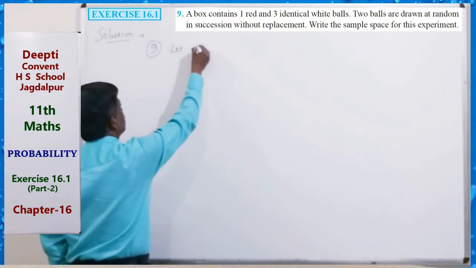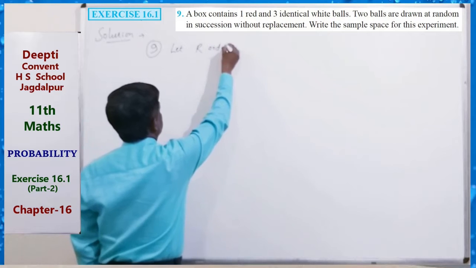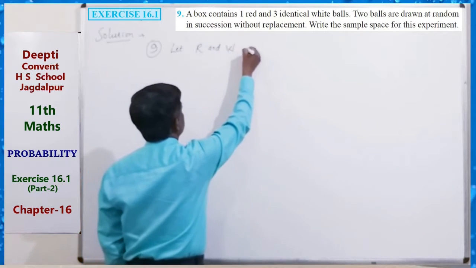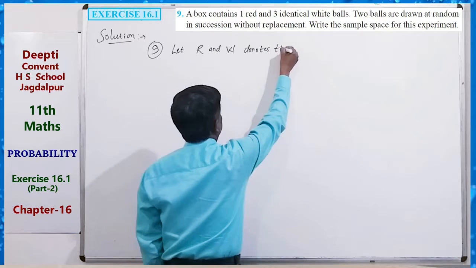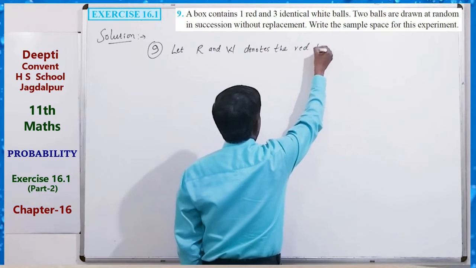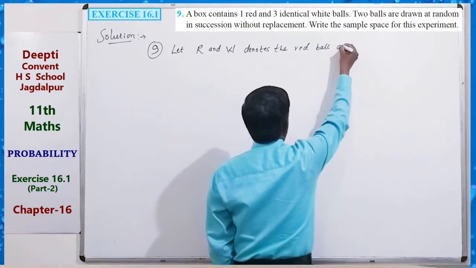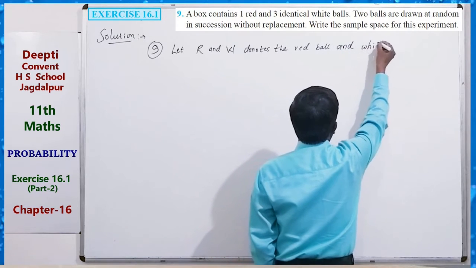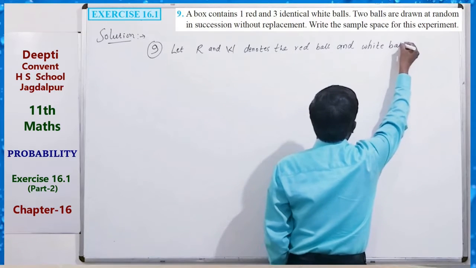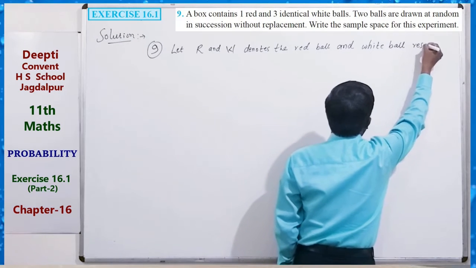Let R and W denote the red ball and white ball respectively.